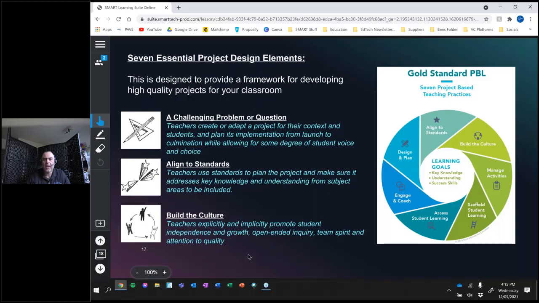Build the culture. So as a teacher, you need to explicitly and implicitly promote student independence and growth. You also need to develop their sense of autonomy, and that can come with some conflict. When you get students working in a group on a project, you might get people who don't necessarily understand the concept of negotiating.